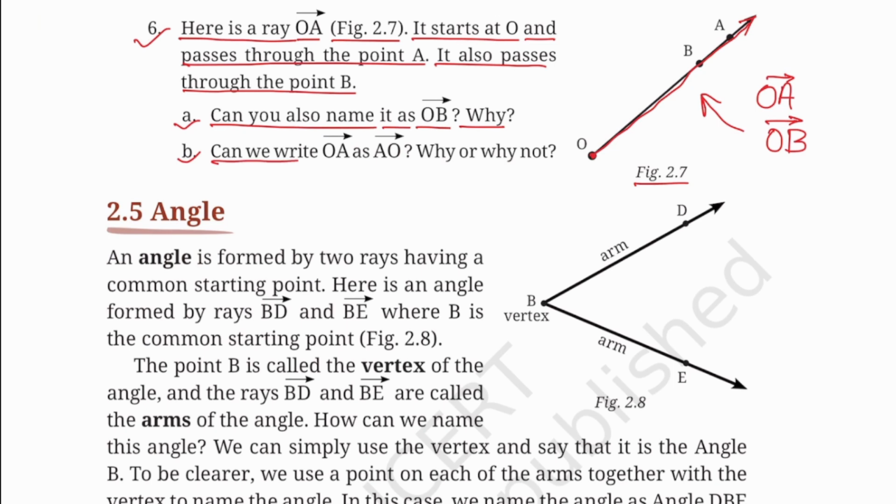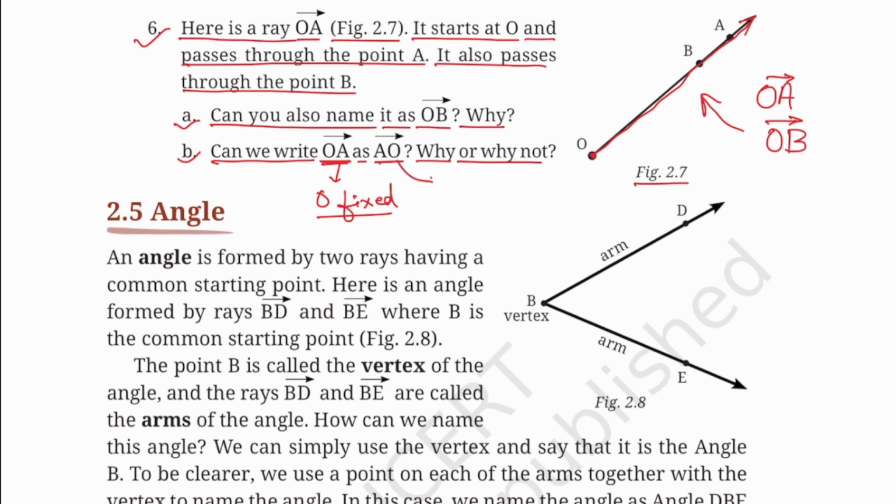B. Can we write ray OA as ray AO? Why or why not? You already know that ray OA means O is fixed as shown in figure.